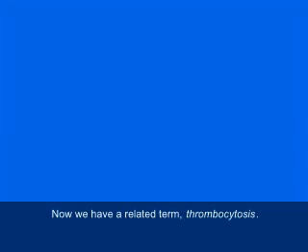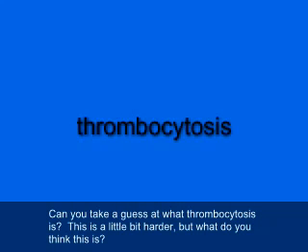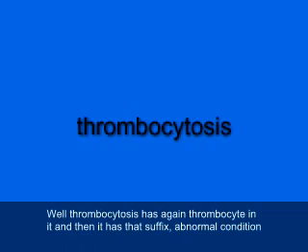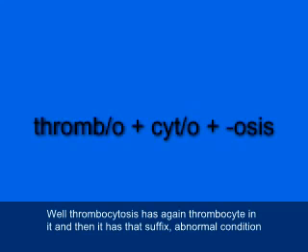thrombocytosis. Can you take a guess at what thrombocytosis is? This is a little bit harder, but what do you think that is? Well, thrombocytosis has, again, thrombocyte in it, and then it's got that suffix meaning abnormal condition.